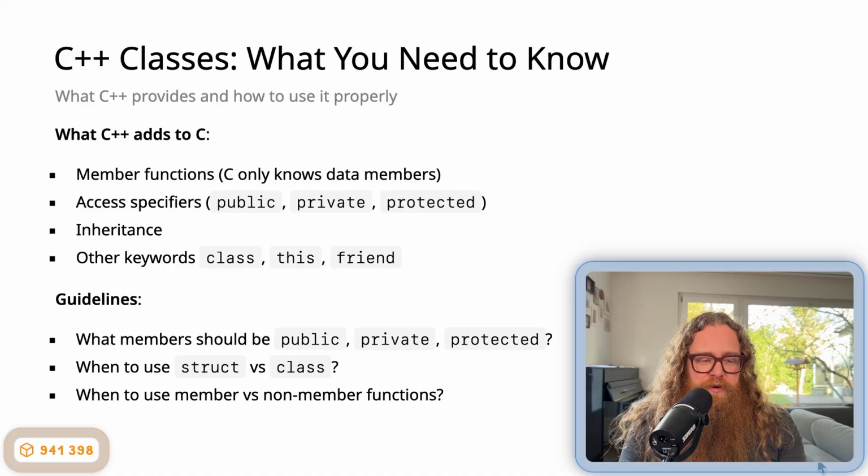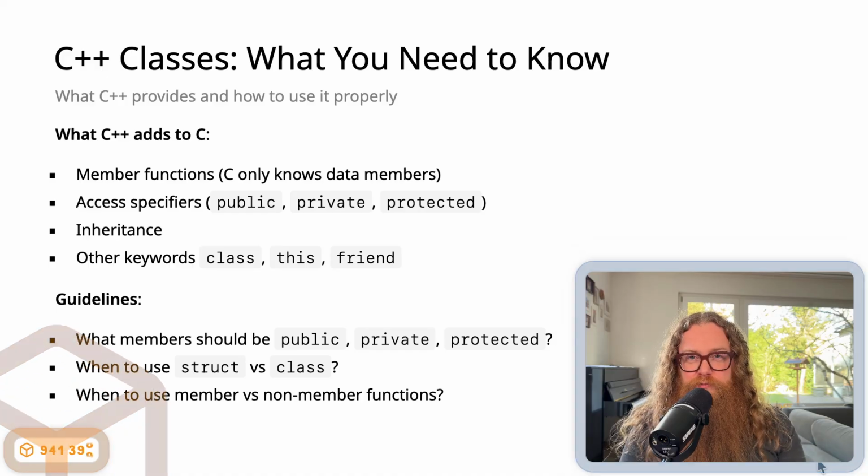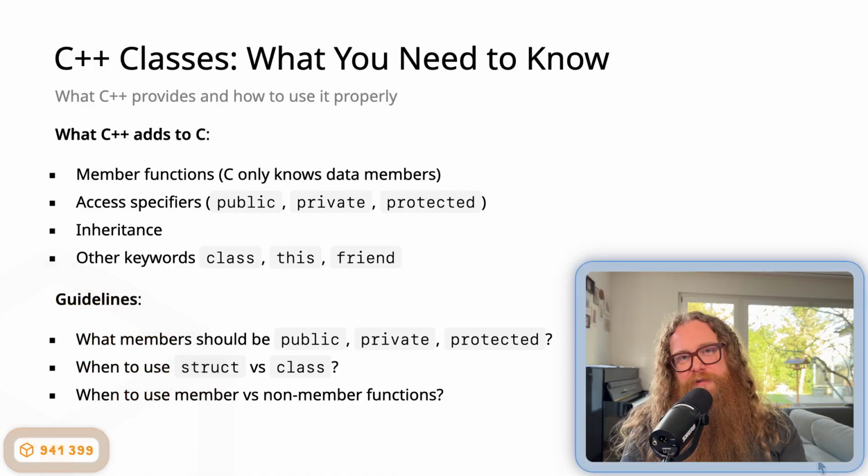Okay, so what are the things that C++ adds to C regarding classes? Those features are very old. They were the first features of C++ that were added to C back when the language was still called C with classes. So the thing that C++ adds are member functions.